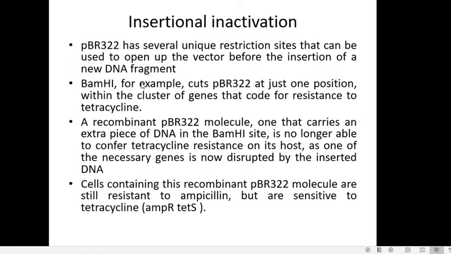So if you are using BamHI for cutting pBR322, the cut will be occurring at the tetracycline resistance gene. And if a foreign DNA gets inserted in that region, this vector will no longer be able to confer tetracycline resistance on the host cell, because its reading frame is disrupted by the insertion of the foreign DNA. That is why this technique is called insertional inactivation.